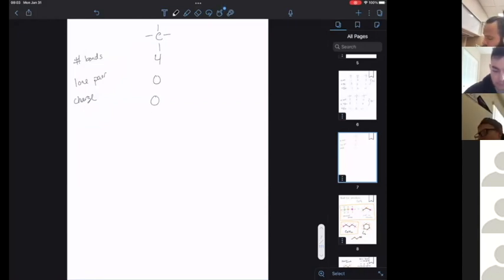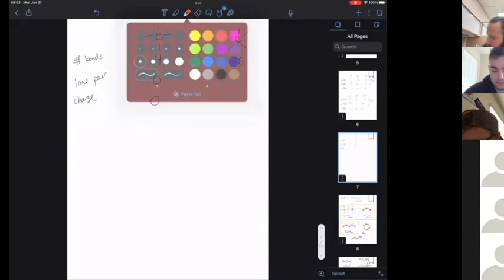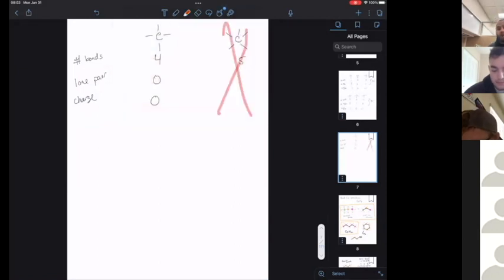So first of all, carbon with 5 bonds. Bottom line, never going to happen. As soon as you see a carbon atom with 5 bonds, it should make your organic chemistry brain hurt.